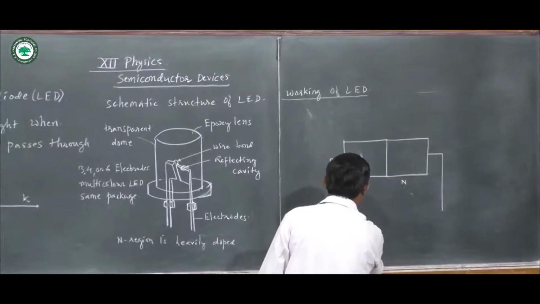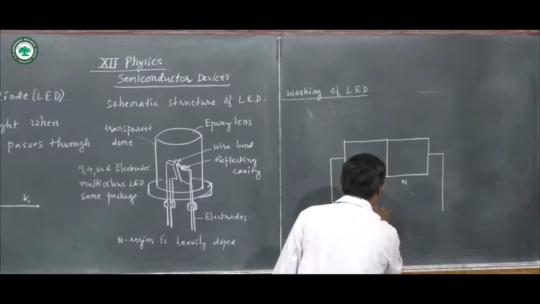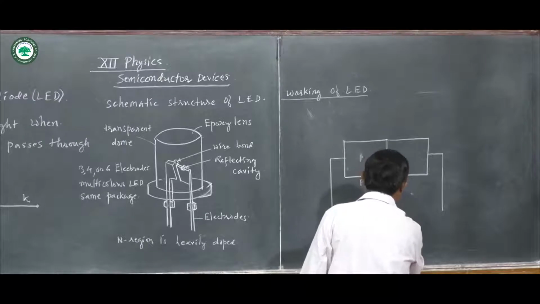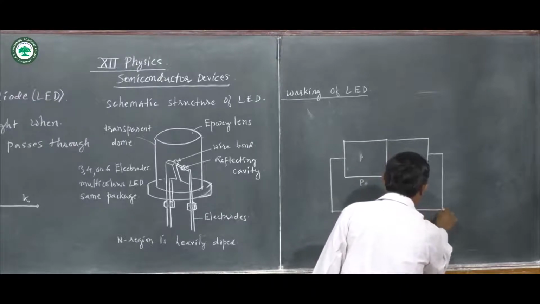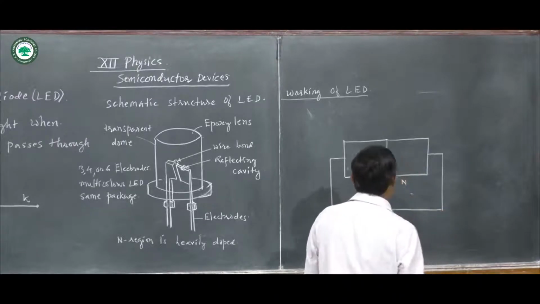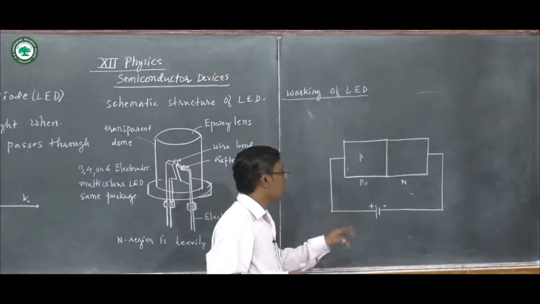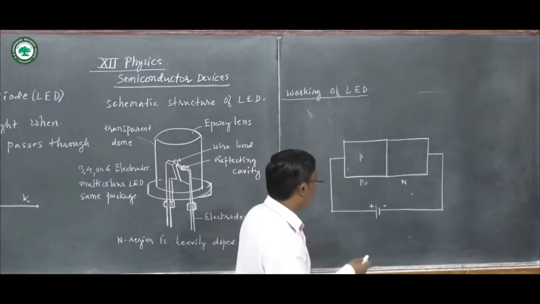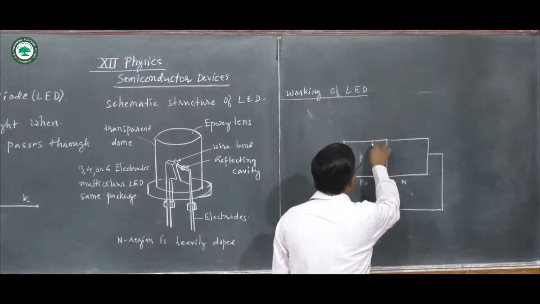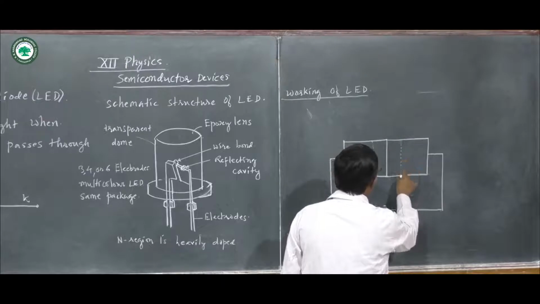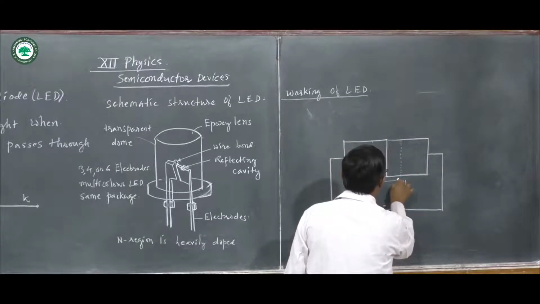That means the positive terminal of the battery is connected to the p-type and the negative terminal to the n-type. When we bias this diode in forward bias, there is a depletion region.